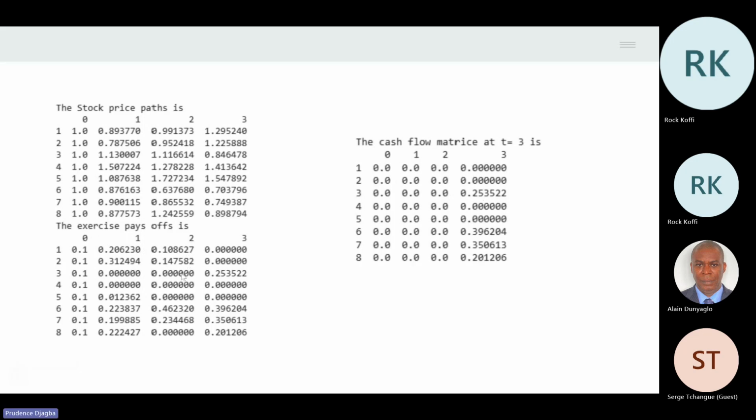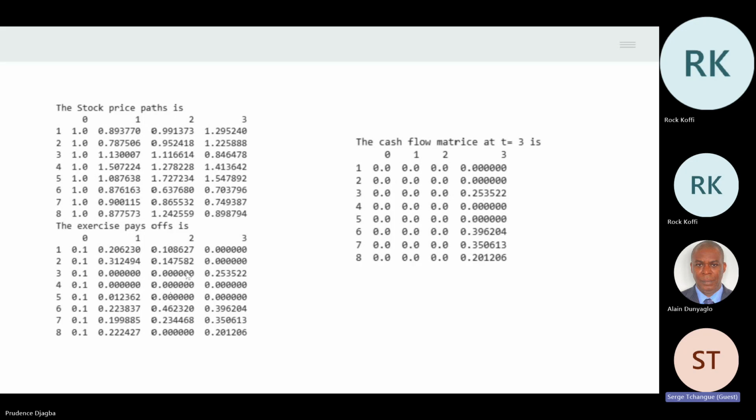We see that at paths 3, 4, 5 we have 0 as value, so we don't pay attention to those values, because we want to evaluate the expectation of the discounted payoff at t equal to 3 conditional on the stock price at t equal to 2.